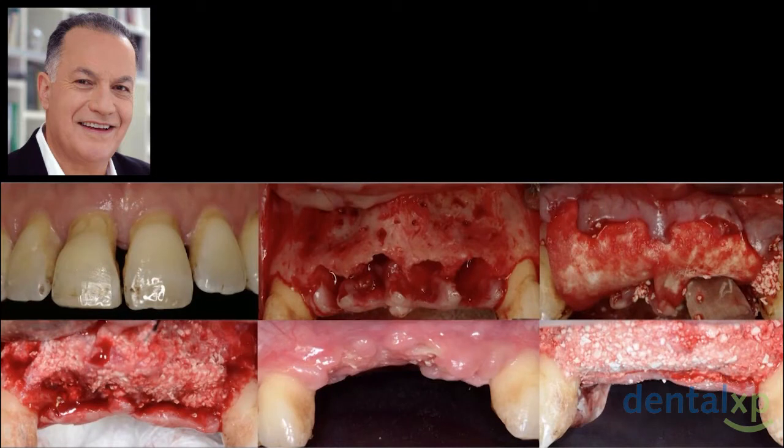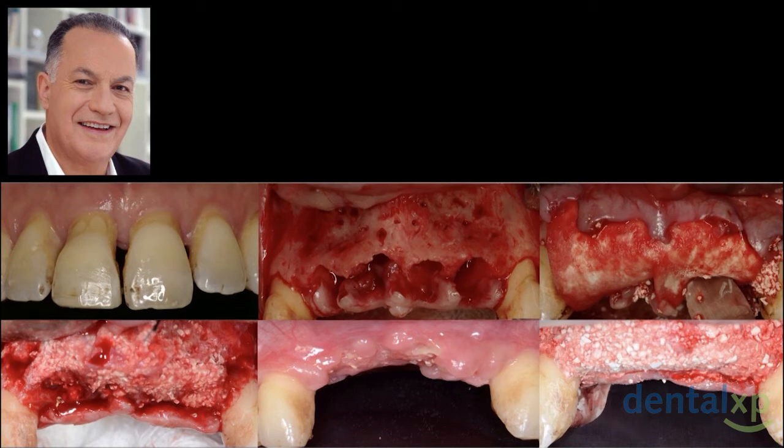We have done another case with a very deep and very severe bone resorption in the aesthetic zone, in which we had to remove 4 teeth. And we have done several stages in order to build the ridge.